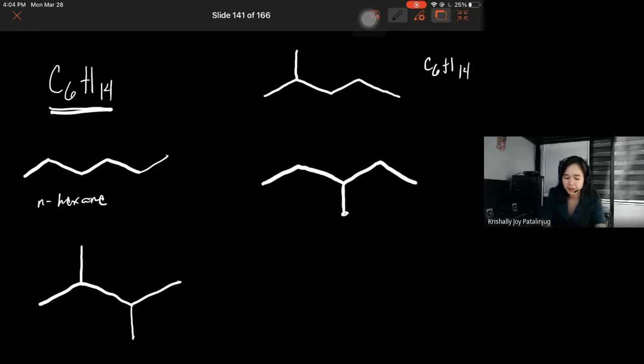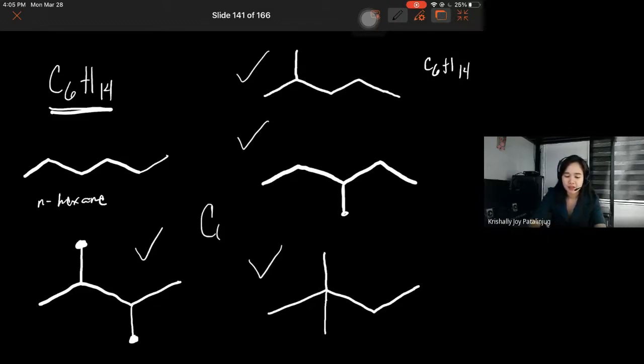And lastly, pwedeng itong methyl groups, they are attached on the same carbon of the main chain or parent chain. So 4 ulit na carbon containing parent chain, yung dalawang remaining carbon para maging 6 lahat yung carbon, lagay natin sa same site, no? Same location ng carbon. So lahat yan, they will have C6H14, okay, na formula.